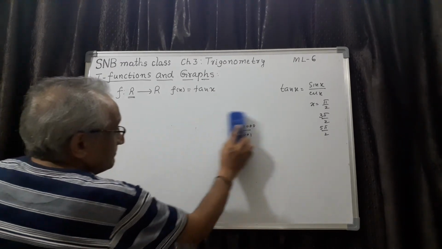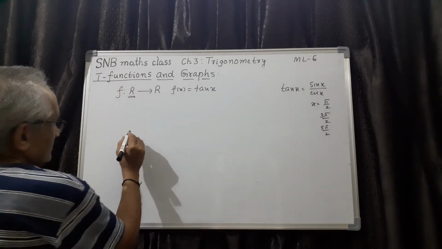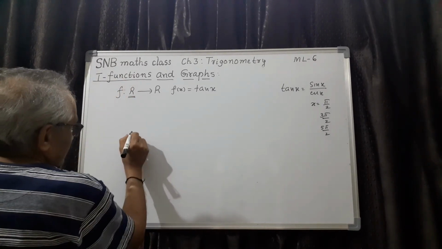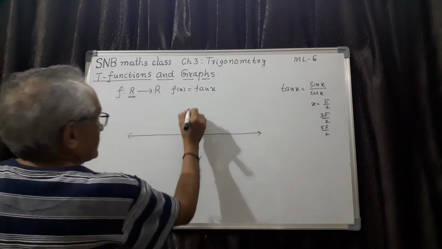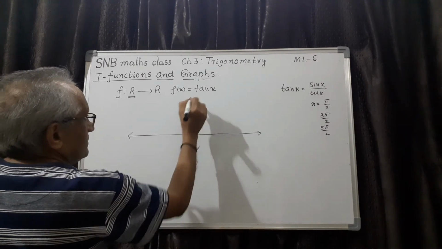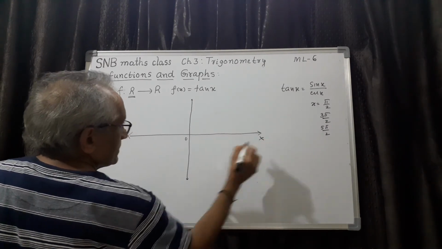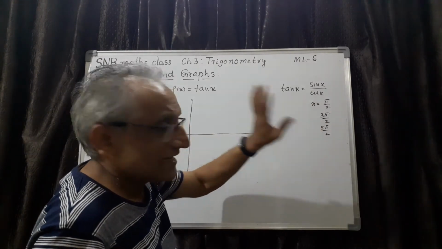So this is very important. What you have to do is, first table value is not necessary here. You have to understand like this. First you take x-axis, then y-axis. Where tan is not defined, all these values tan is not defined.